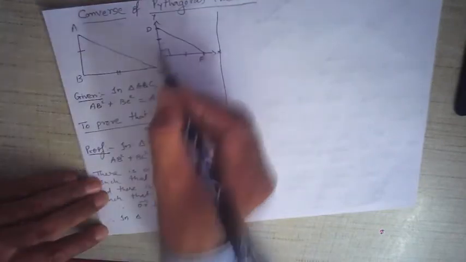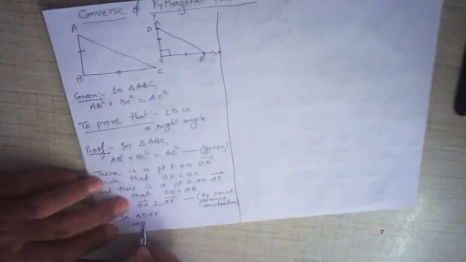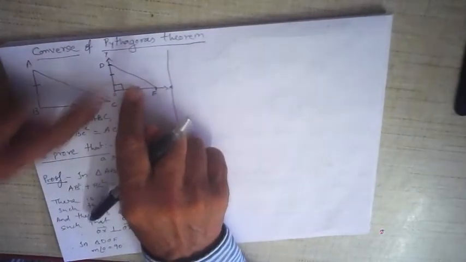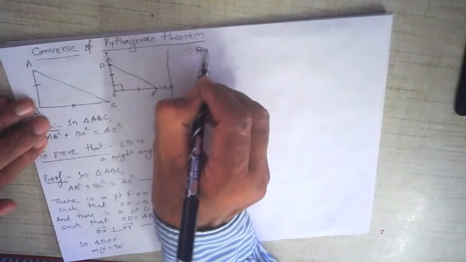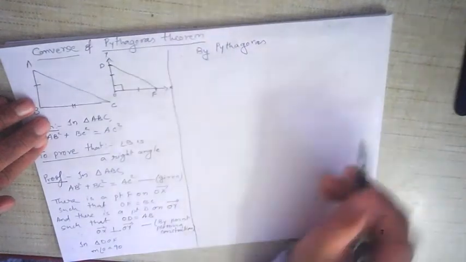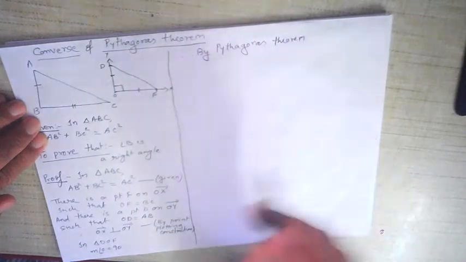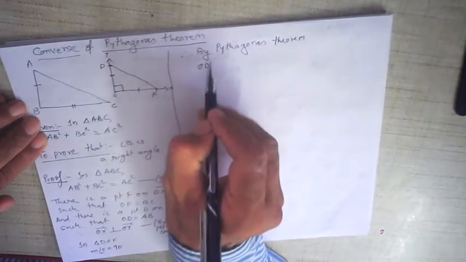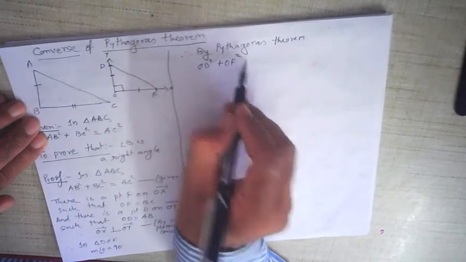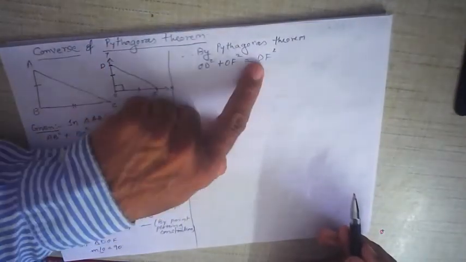So therefore, in triangle DOF, measure of angle O is 90 degrees, so it becomes a right angle triangle. Therefore, by Pythagoras theorem, which we have just proved and which is for right angle triangles only, OD square plus OF square is equal to DF square.